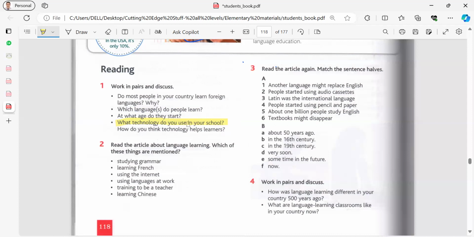So you are using technology. Now, for example, if your teacher wants to explain a lesson and decides to change the lesson and show a video about it.